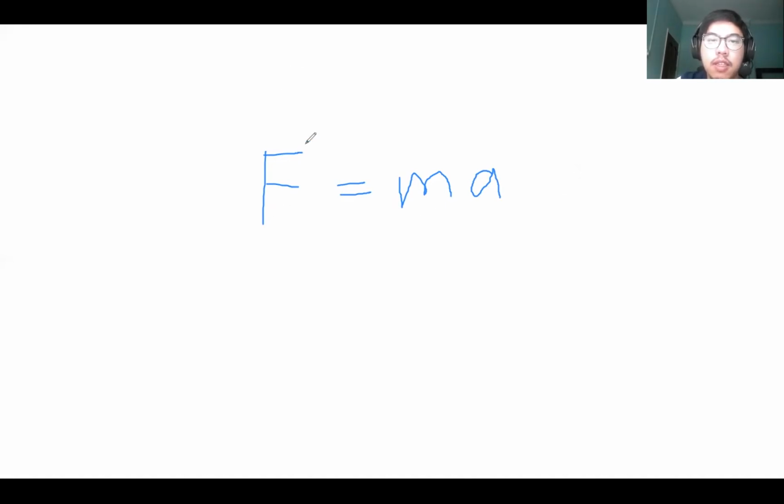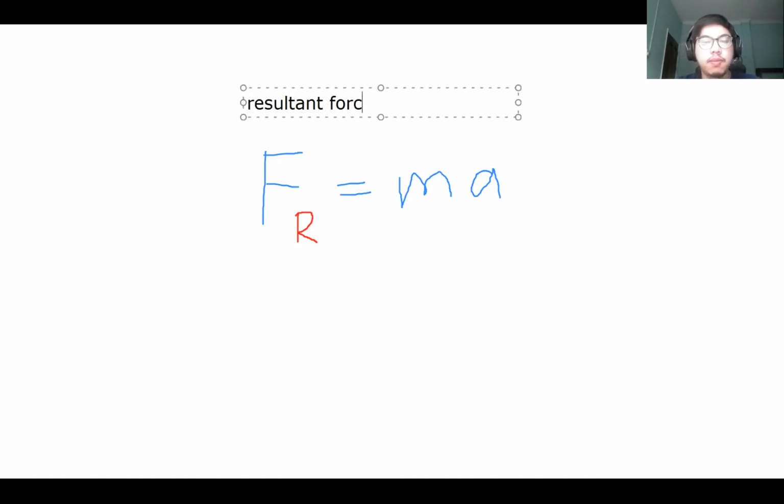Now, this is true if you have one force. If you have more than one force acting on the object, now we have to modify this formula a bit. Instead of F = ma, we have this. Now it becomes this. So Fr = ma. So what does Fr mean? Fr means the resultant force.